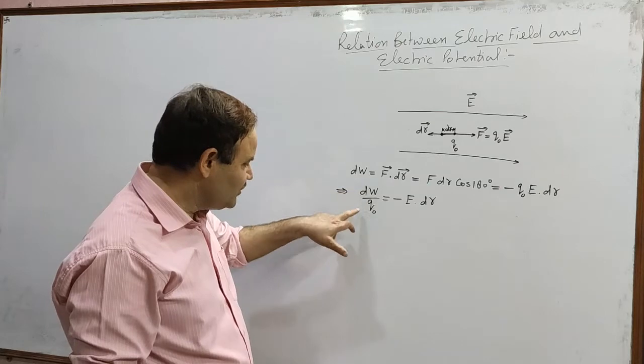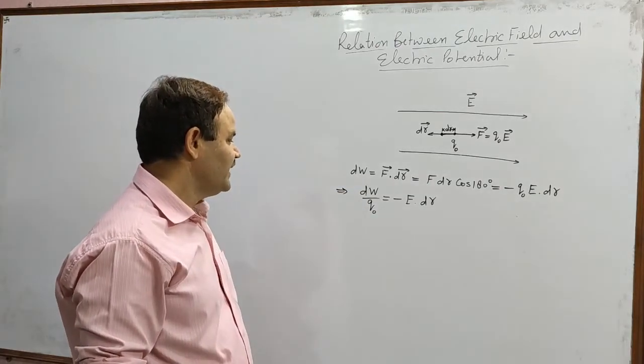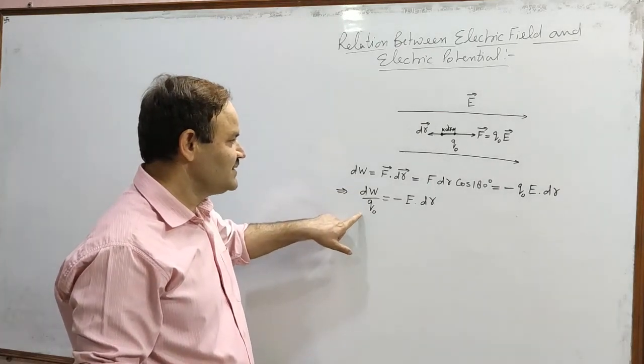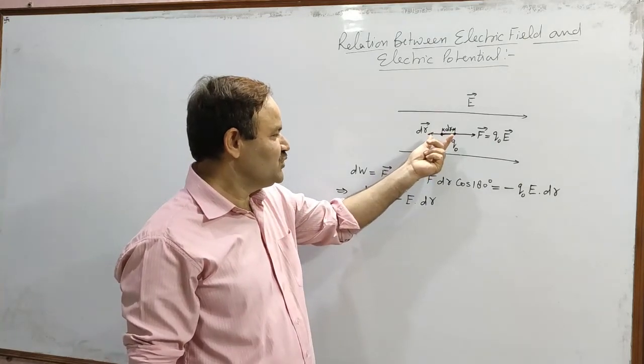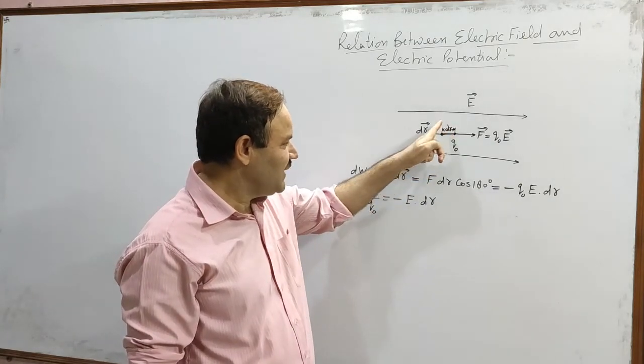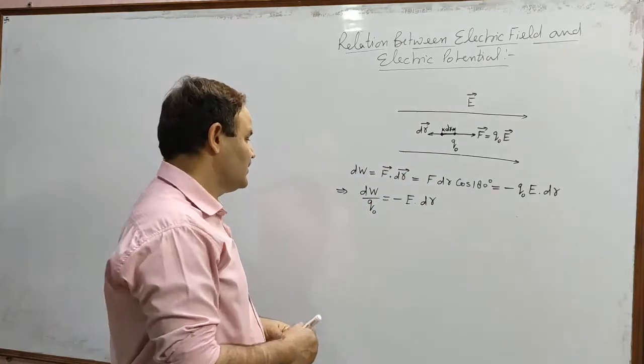Hence, dW by Q naught must be electric potential difference between the positions separated by distance dr.